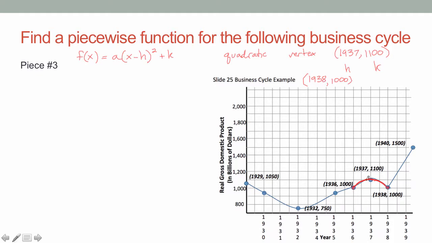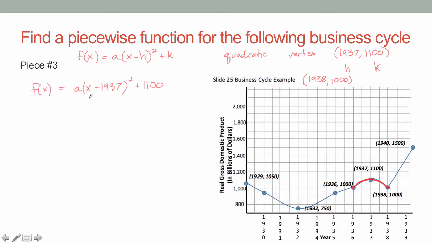So now I'm going to write a function for this parabola going from 1936 to 1938. It's going to be my second piece of the function. So again, putting my vertex in, we get a times x minus 1937 squared plus 1,100 is my function.